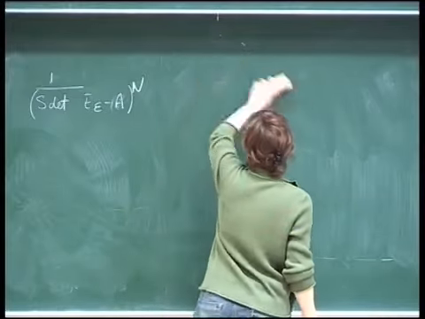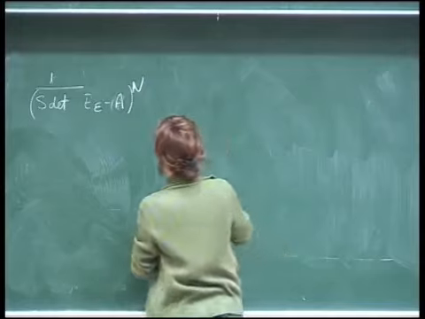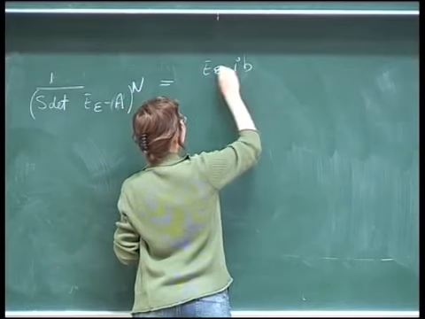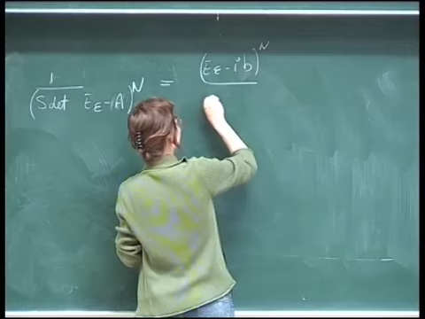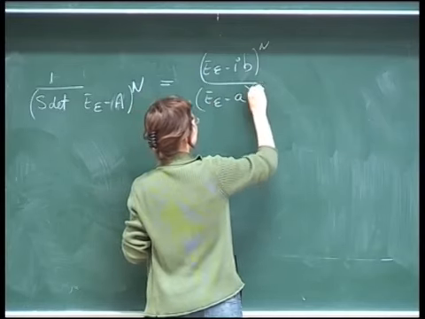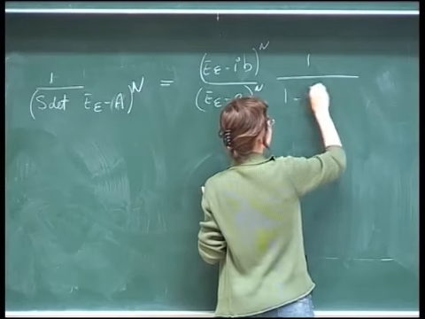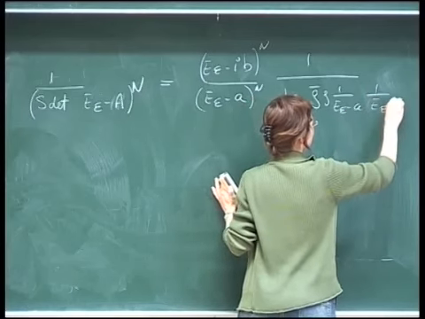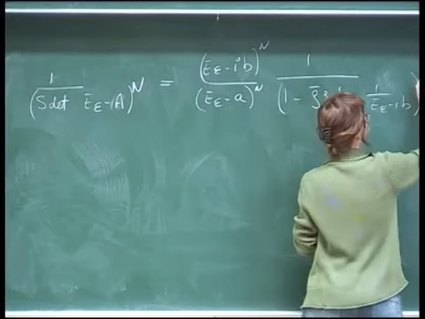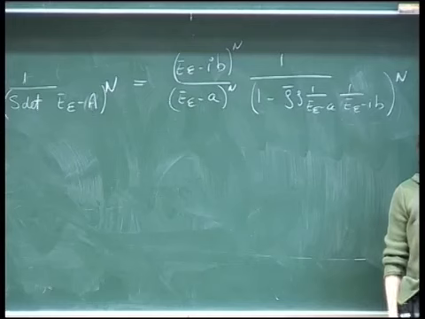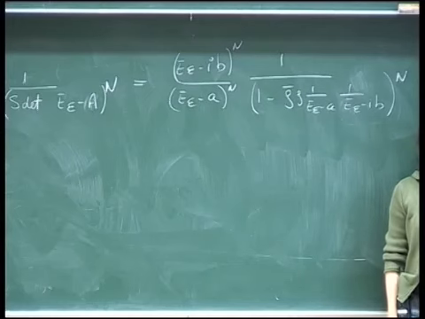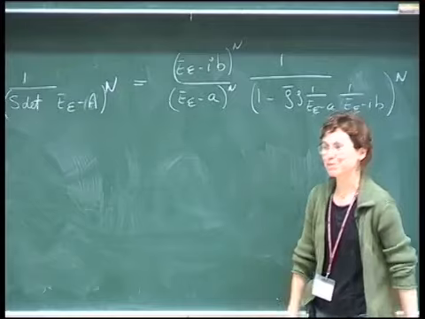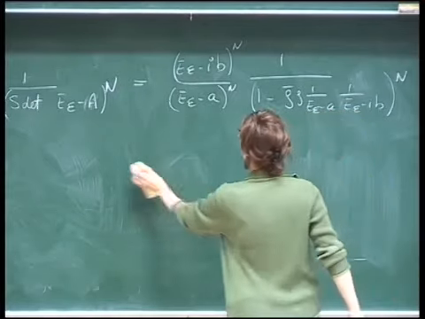And now you have to believe me, one can define the superdeterminant, and that's the expression of 1 over superdeterminant to the n for that particular matrix. I don't have time to explain how to define it, I will explain it in detail later.